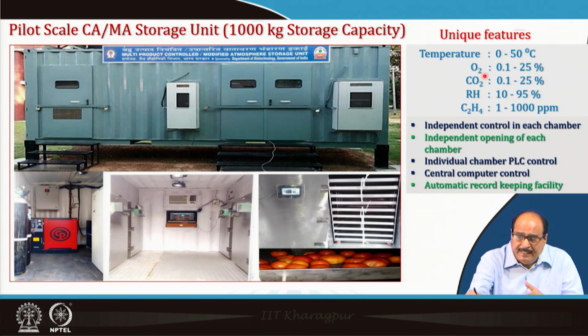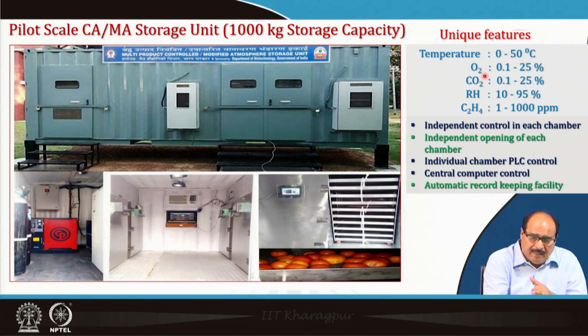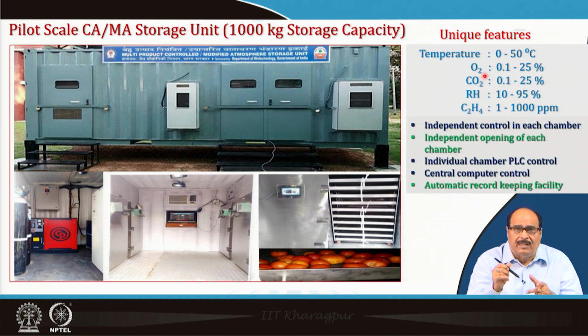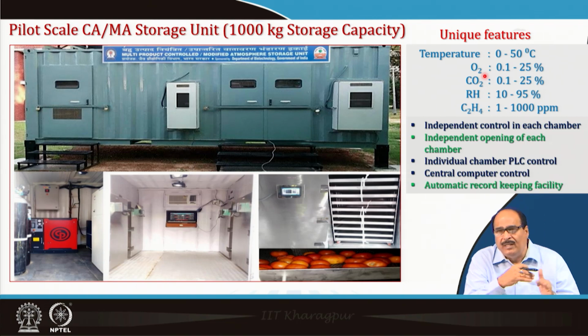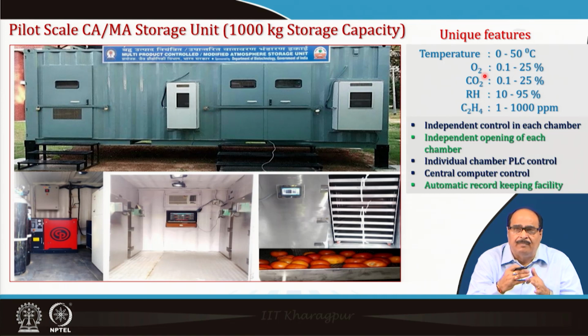In this range, any condition, in all the chambers or in individual chambers, can be maintained, whether you want to delay the rate of ripening, advance the ripening, or extend the shelf life.